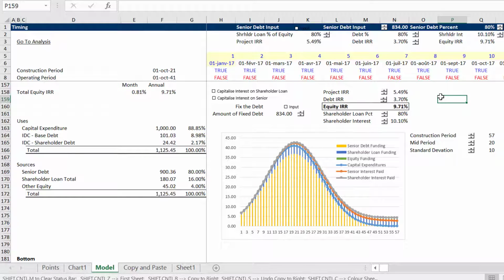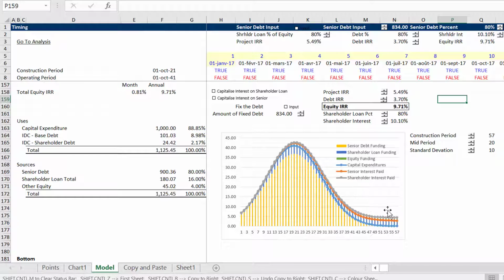That's just a silly little hyperlink, okay? Now, I graphed the sources and uses of funds here. So this gray thing includes all the capital expenditures, which is the blue line, and the next one, which is the senior interest, and then shareholder loan interest.